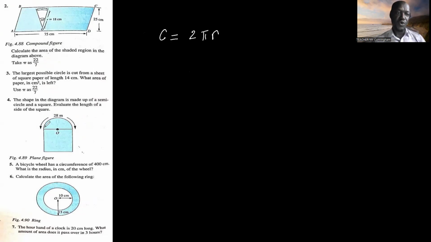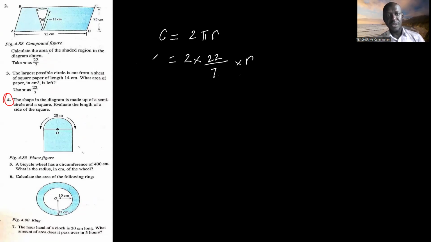We're doing question 4, by the way. They told us use pi as 22/7. 2 times pi, now, they didn't tell us what r is.